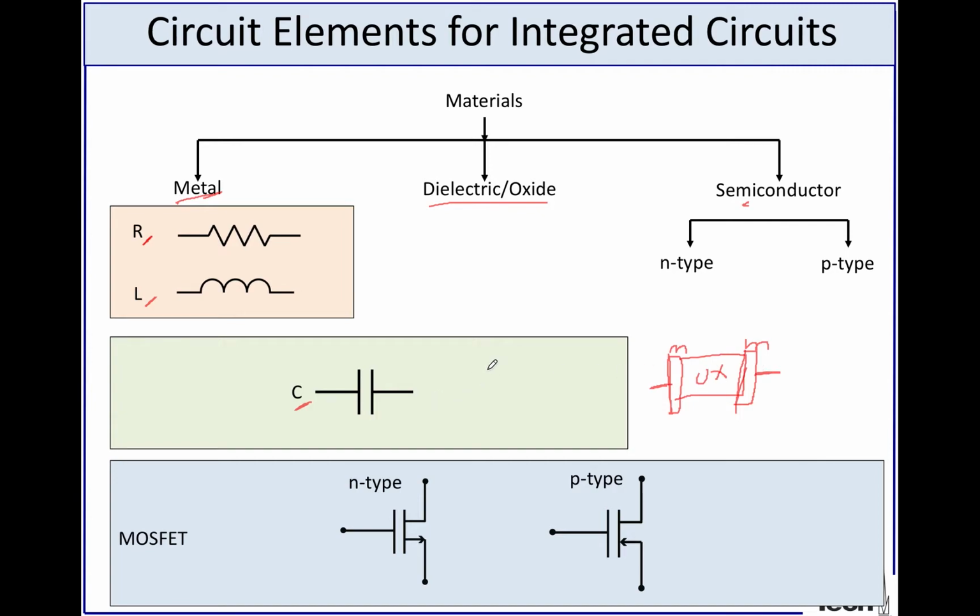To make a capacitor you need metals and dielectrics or oxides. And then finally, to make MOSFETs you need metal, oxides and semiconductors, all three types of materials. So now we have seen the different material systems and the different circuit elements that are made with different kinds of materials.